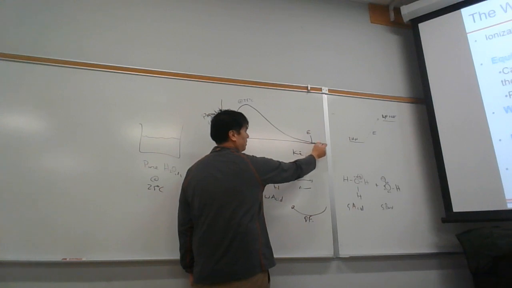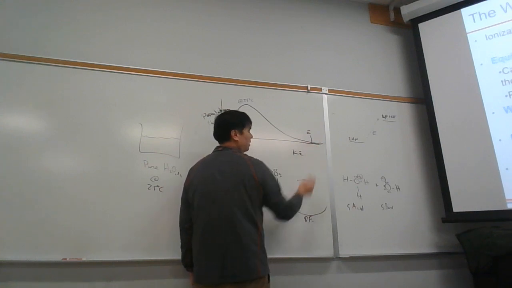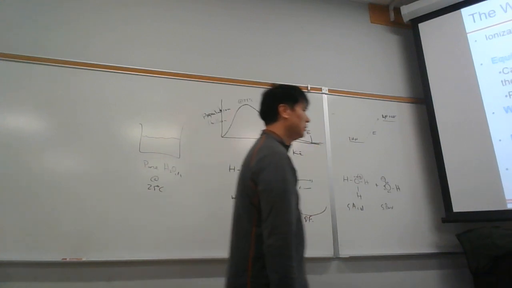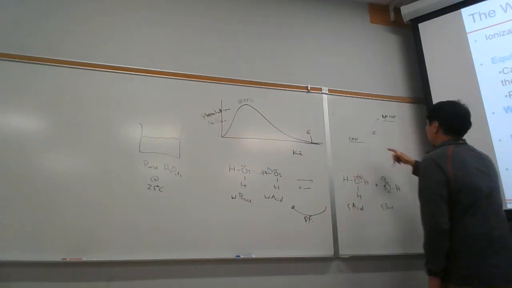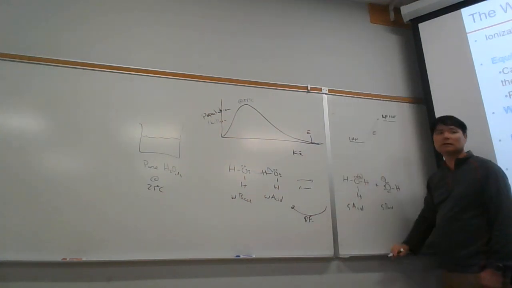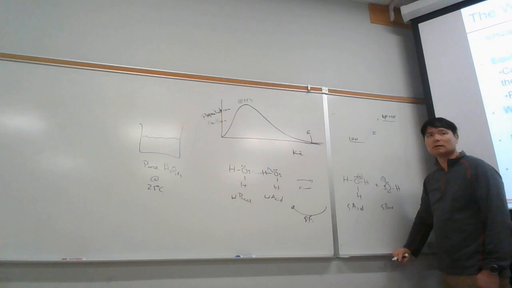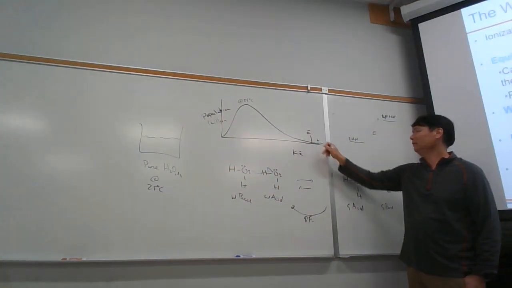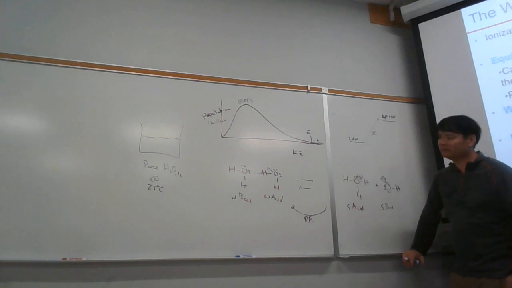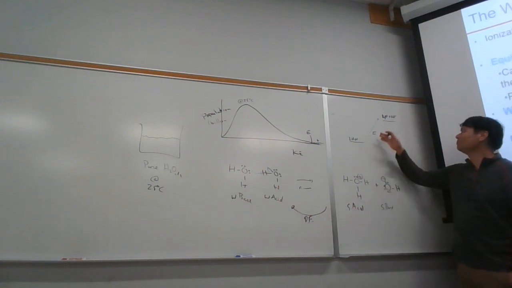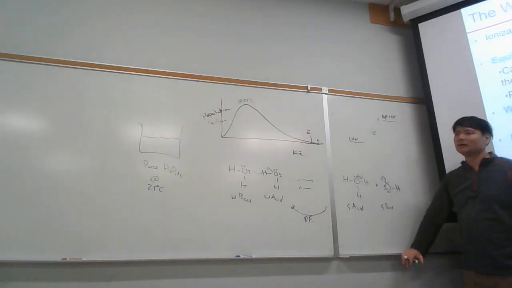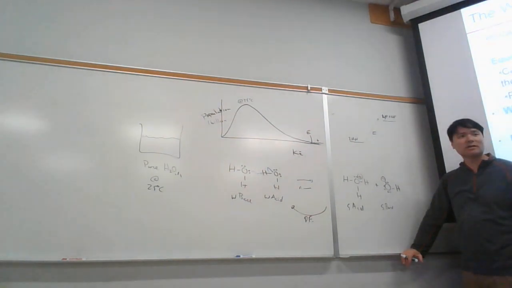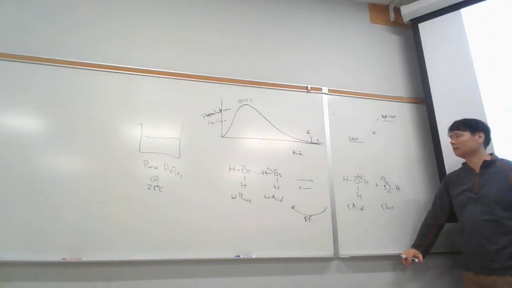Do you remember how many? If I had a billion, about how many water molecules can make it up to the top of this? About 4. 4 out of a billion. If it's only 4 out of a billion, most of the time we'll just ignore it. It's so little, it's negligible, isn't it? Just 4 out of a billion.